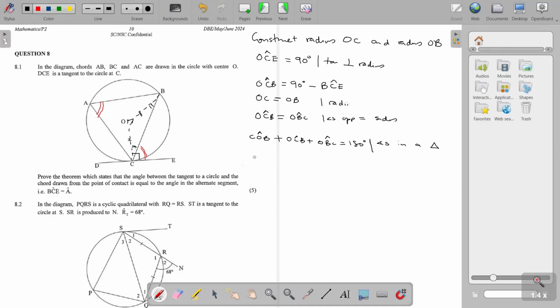Then let's calculate our COB. It therefore means our COB will be equal to 180 degrees minus OCB, but we said OCB is 90 degrees minus BCE.